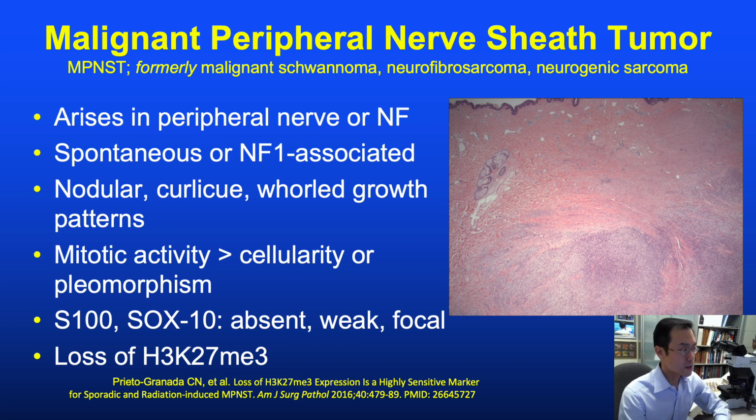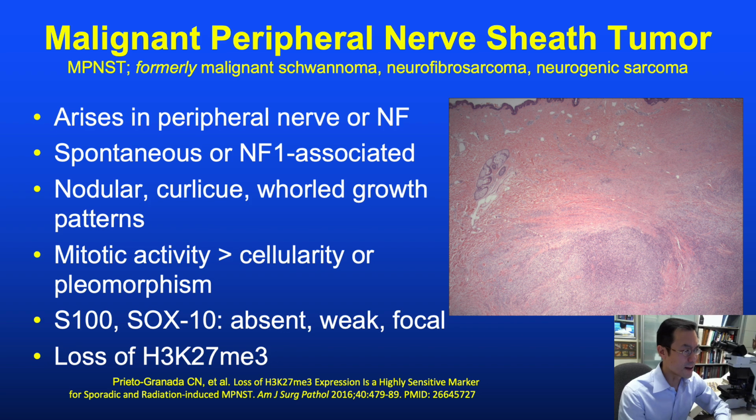In addition, S100 is usually diffusely and strongly positive in desmoplastic spindle cell melanomas, whereas S100 is often absent, weak, or focal in MPNST. And another immunostain that can be used is H3K27me3, which is trimethylated H3K27, or a loss of trimethylation on lysine 27 on histone 3.